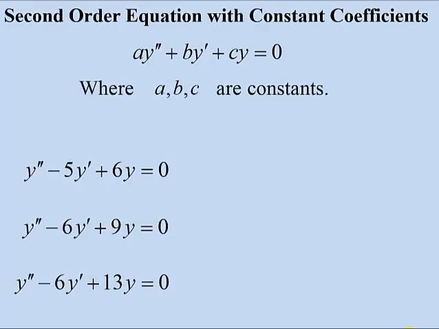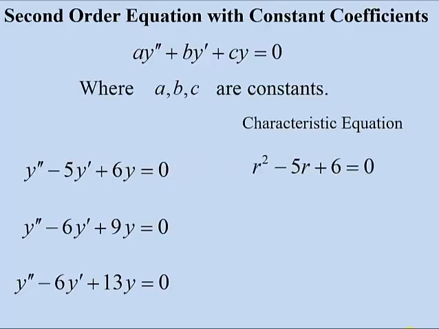For the first one, the characteristic equation would look like r squared minus 5r plus 6 equals 0. And so again, notice the characteristic equation for each of these is a quadratic equation. And of course we can solve quadratic equations quite easily.